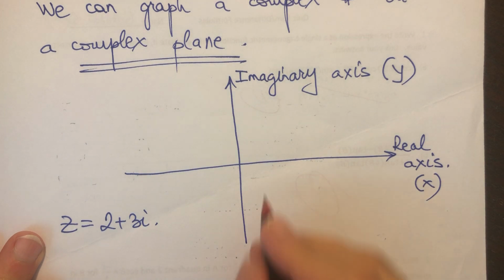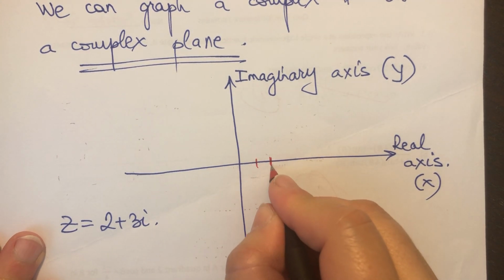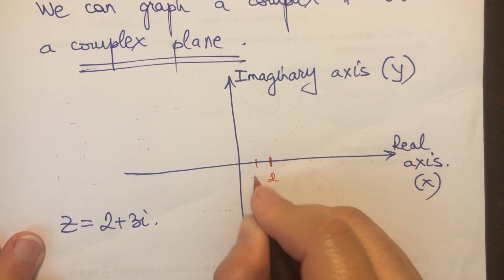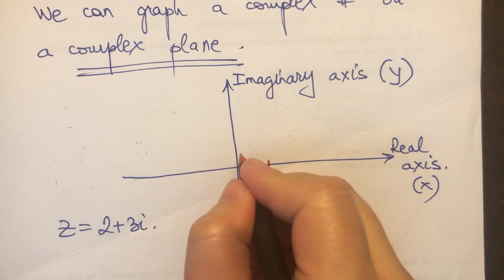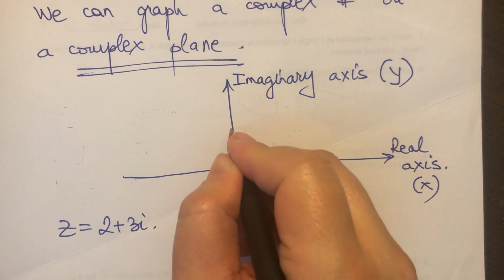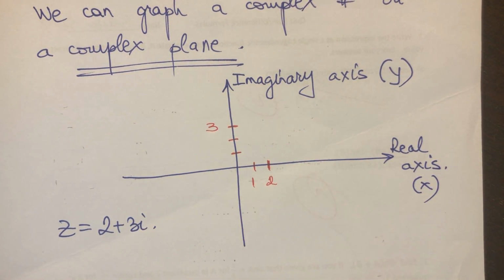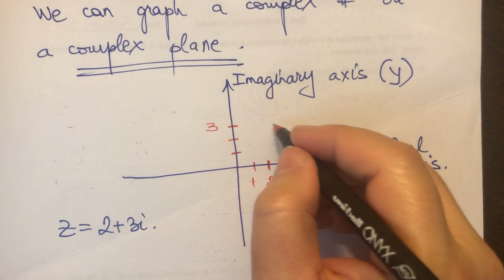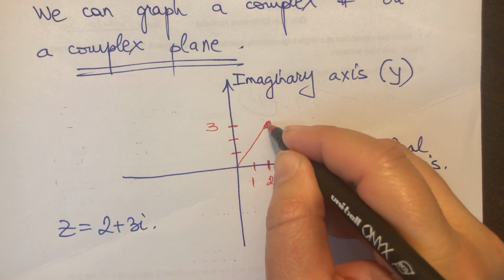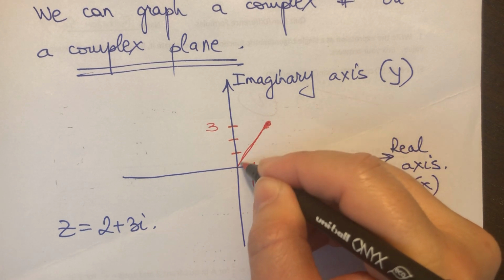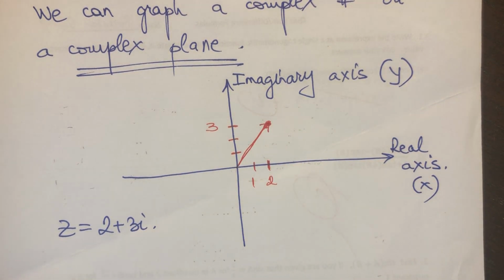It has two real parts, in other words, 2 units from the real number system and 3 i's, so 3 imaginary parts. And where these two meet, we're going to put a dot, but what else I'm going to put is an arrow. So this is the complex number 2 plus 3i.